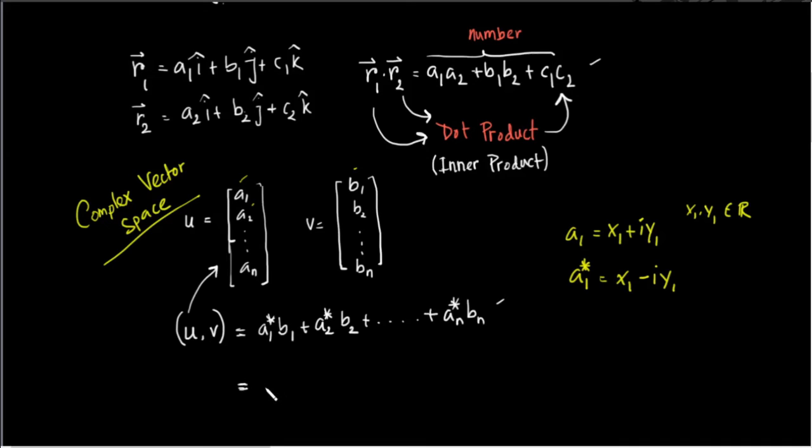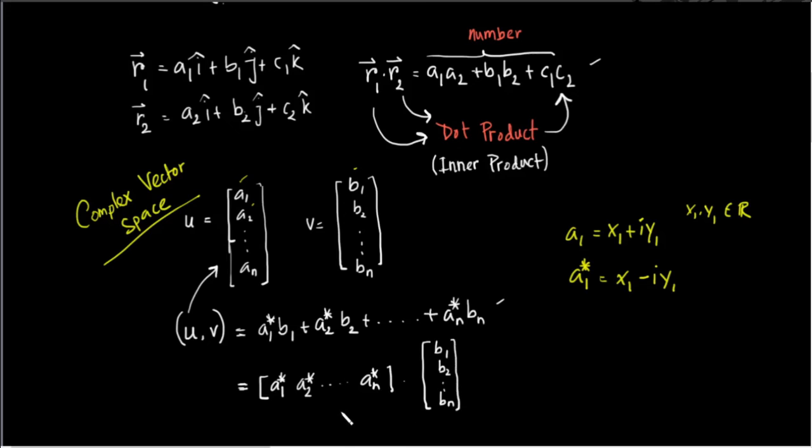If I define a row vector like this, a1 conjugate, a2 conjugate, dot dot dot, an conjugate, this is a row vector times a column vector b1 b2 dot dot bn.